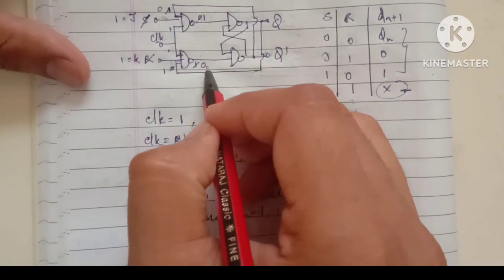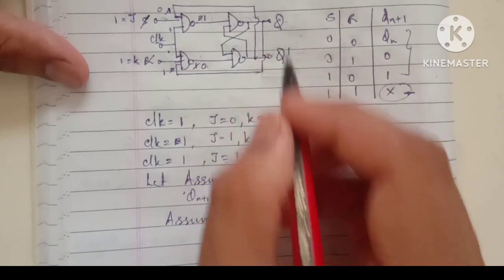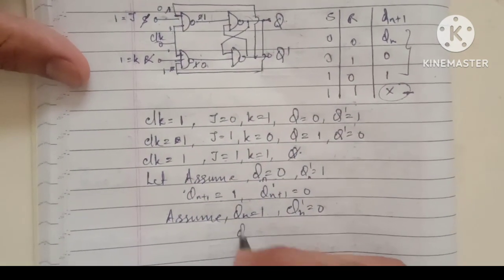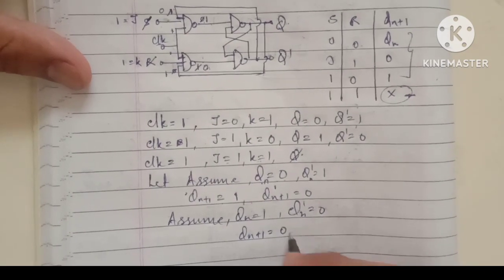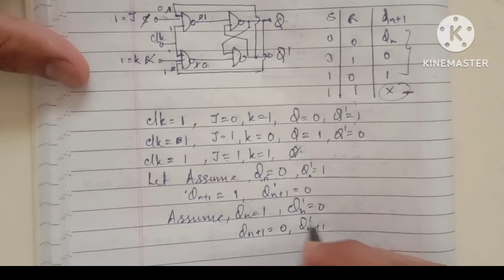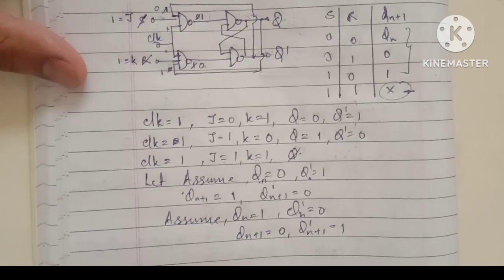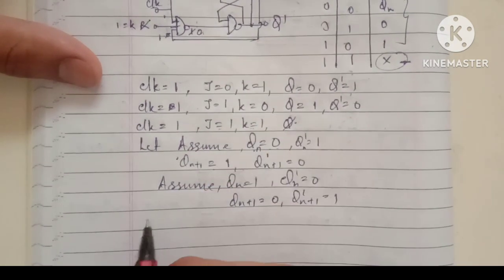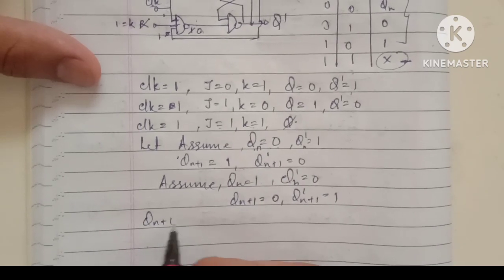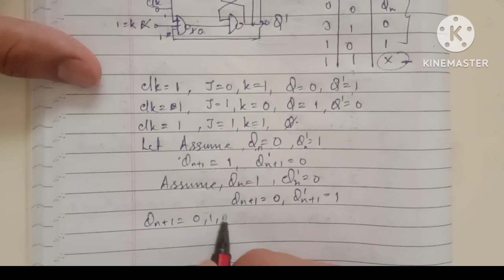So 1 0, if you apply 1 0 to the latch, Q n plus 1 will become 0, and this will become 1. Understood? So I took both the possibilities, in that state the Q n value, in that state the Q n plus 1 will be getting 0 1 0 1 0 1.